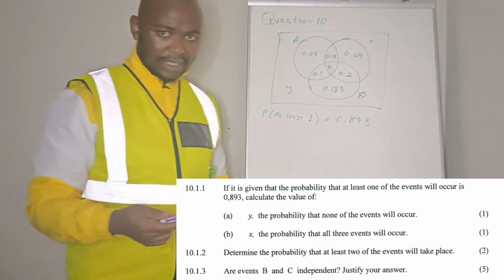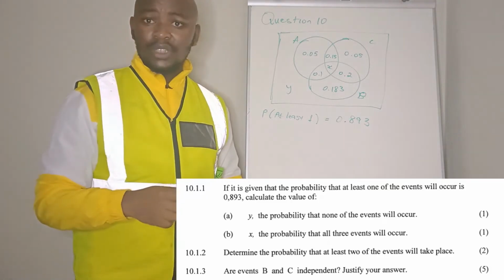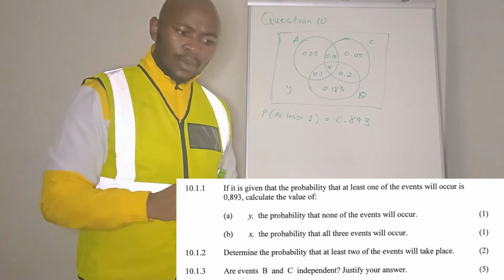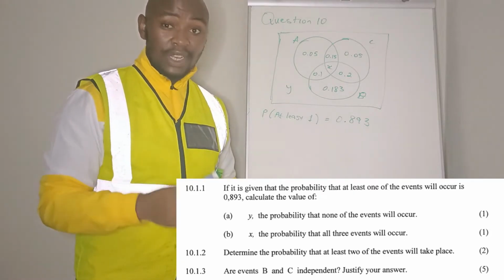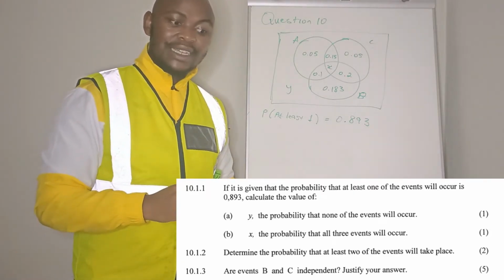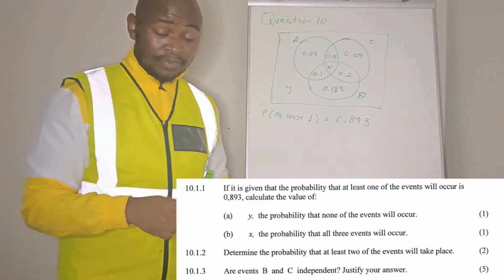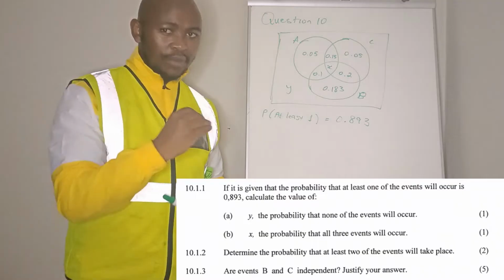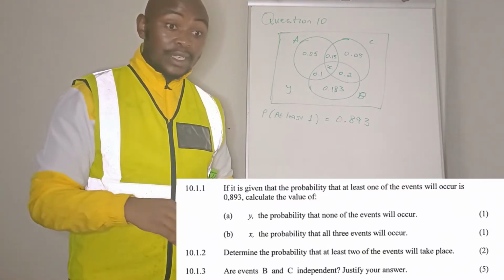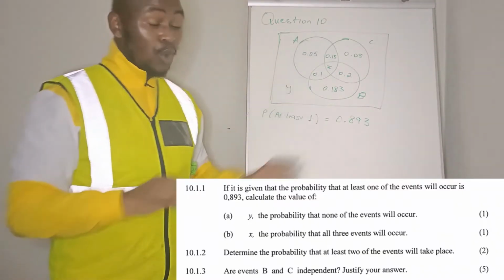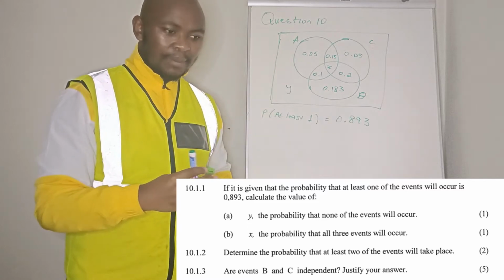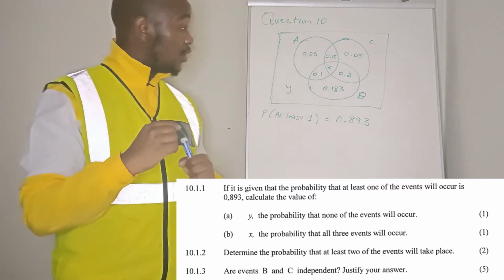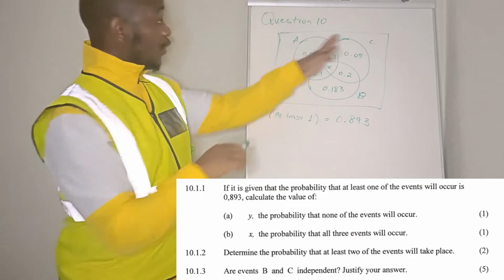So what does that mean? Let's go to the first question. We must calculate the value of Y, the probability that none of the events will occur. Like I was saying previously, when we say at least one of the events occurring, we are considering all possible combinations, but we are not considering the event when none of them is occurring.